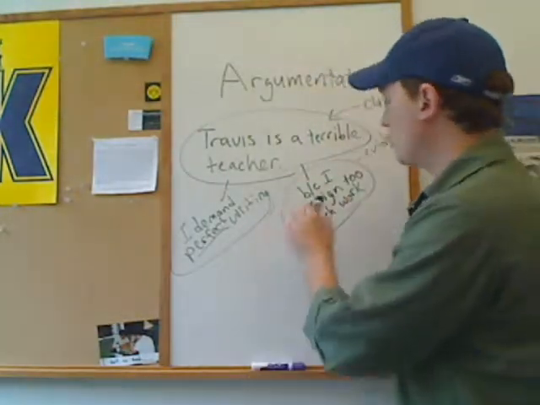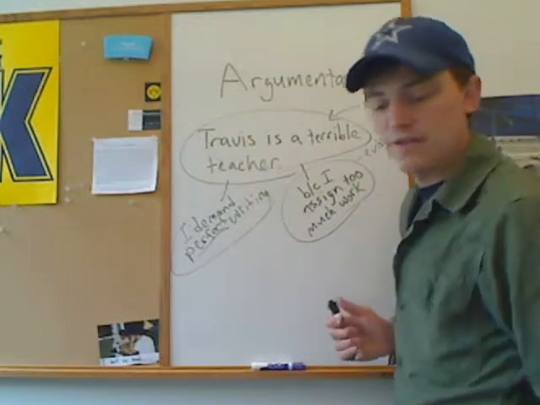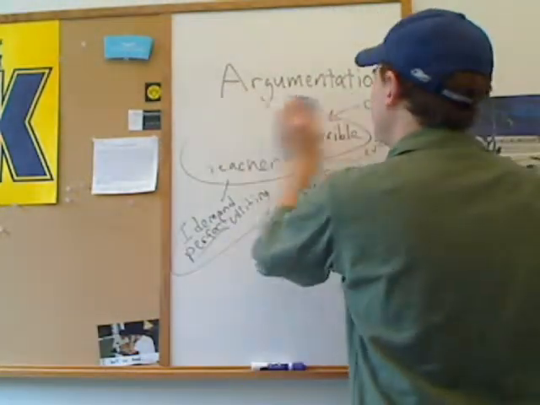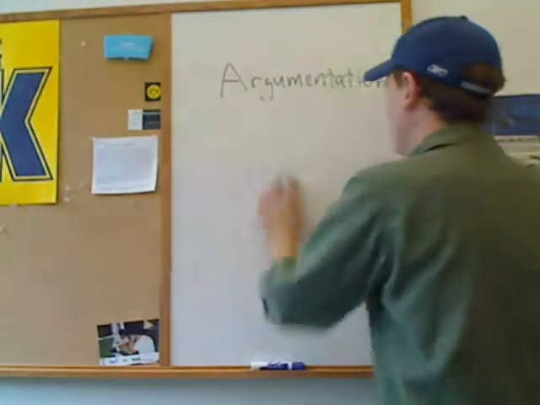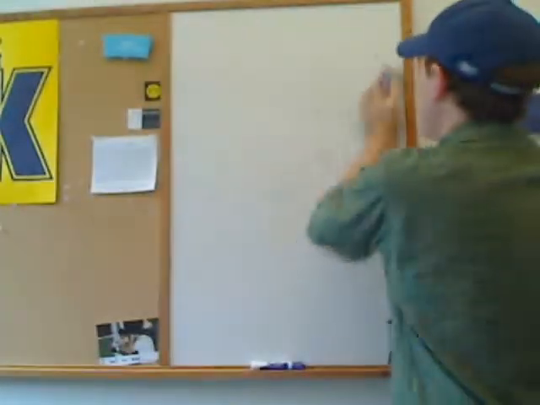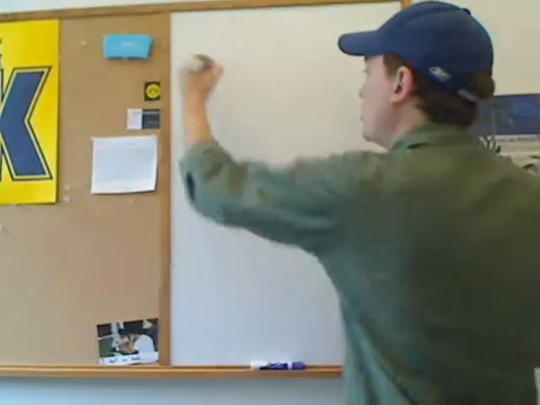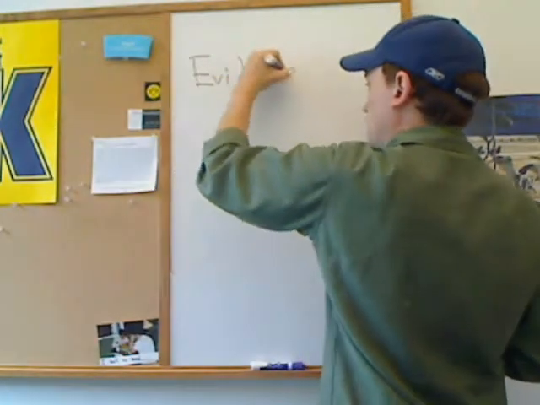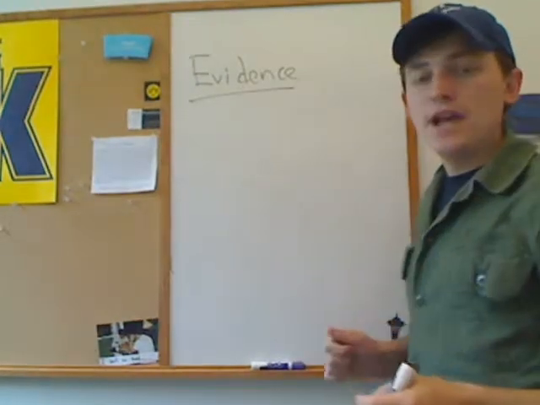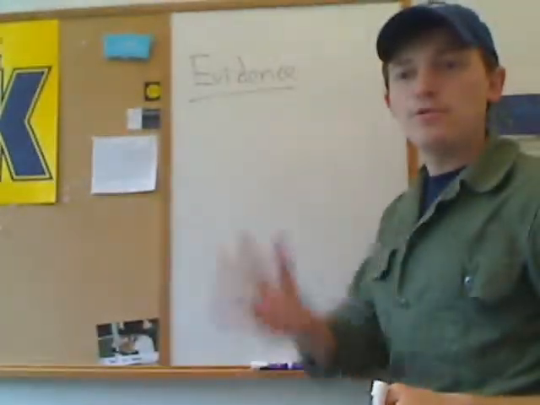So let me talk a little bit more now about evidence and types of evidence that you can use. So for evidence, textbooks that I've used have talked about three main kinds of evidence.